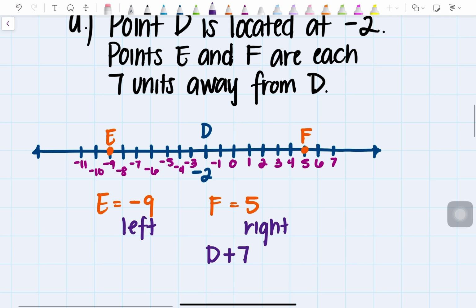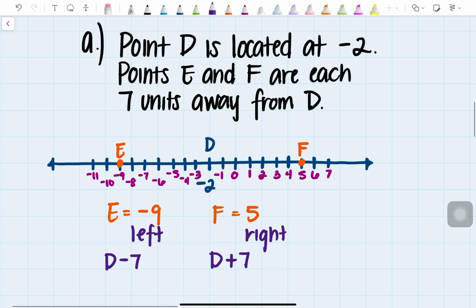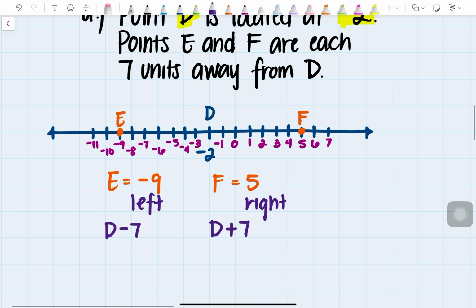And on the other side, I would be doing D minus 7. And the value of D in this case would be -2. So then -2 minus 7 would give me that -9 that we have up there. And then -2 plus 7 is going to give me a 5.